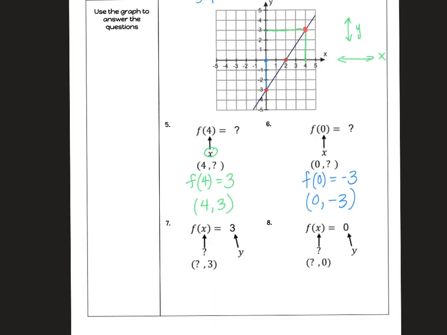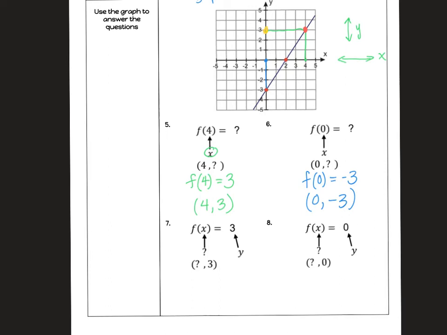All right, for these next two, we are given the y value, and we are figuring out what the x value is for this function. So let's go ahead and look at the graph. So we are looking at when y equals positive 3, I'm going to use yellow. So let's look at our y-axis. Positive 3 is right here.